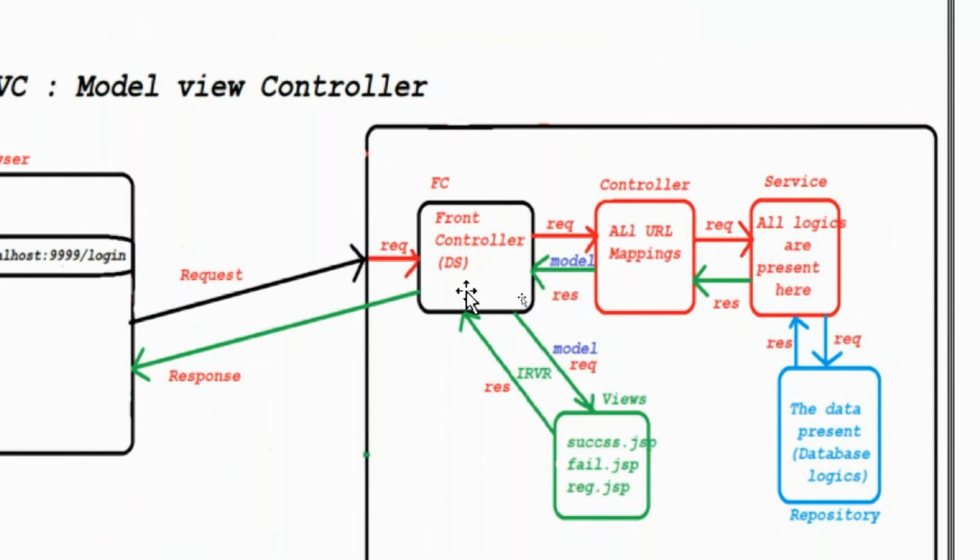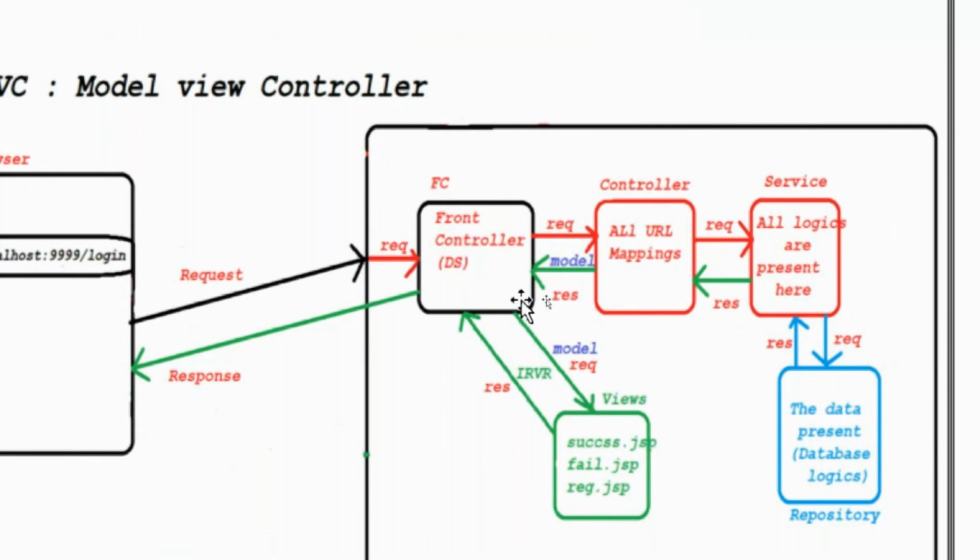Front controller. The front controller will treat that response as a JSP name. The response has what? JSP name. Even if you give the response as success, it's looking for what? Success.jsp. Yes, you got the point, right? So the response is coming from the controller, and the front controller will treat it as a JSP file name.